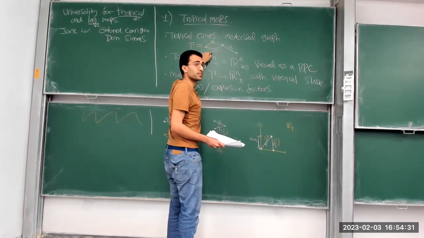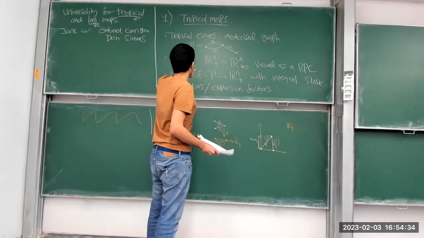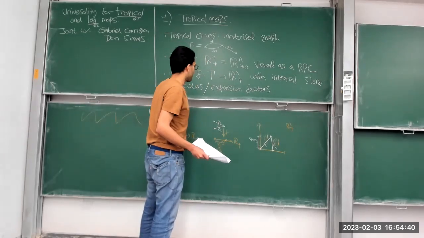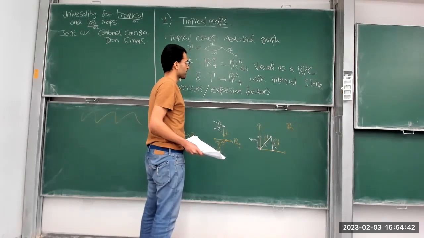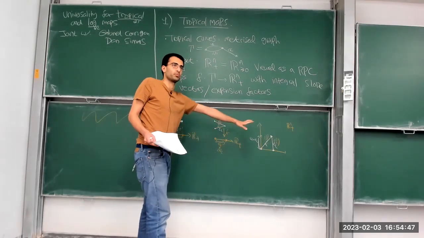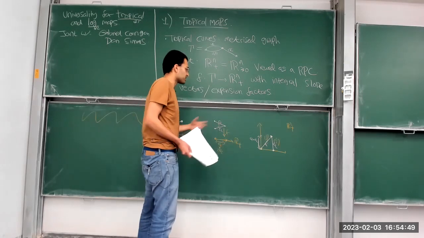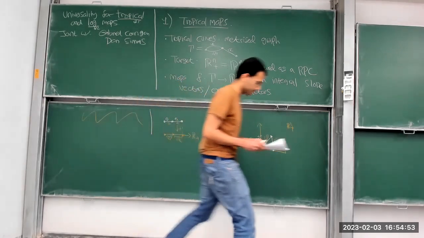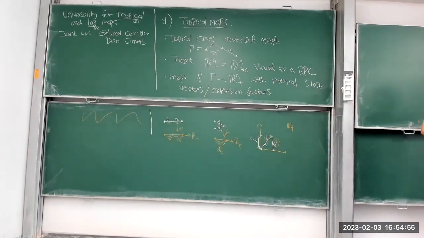Oh, okay, that's it. Yeah, unless I misunderstood what you were saying, I think it would be okay. But yes, you can have edges with 0 expansion factor. They generally don't play a super important role in this theory of tropical maps, but it's important that you allow them, and they don't really complicate the theory that much. Yeah, good question. Other questions?